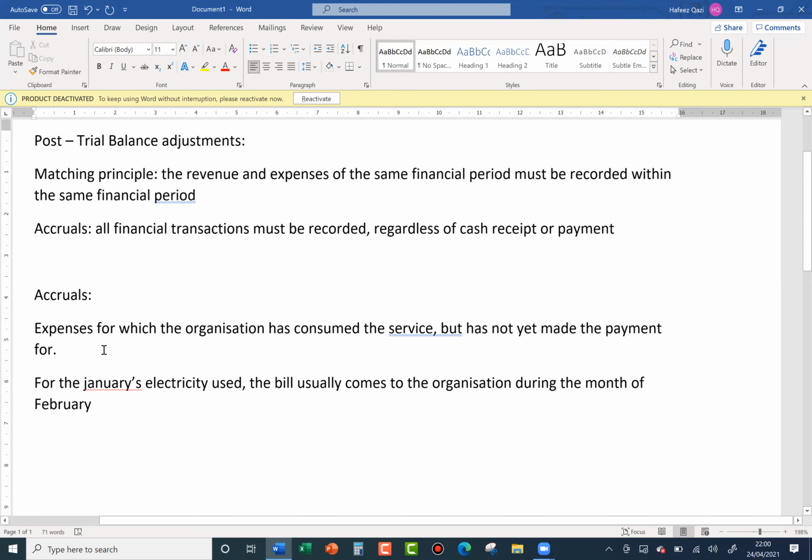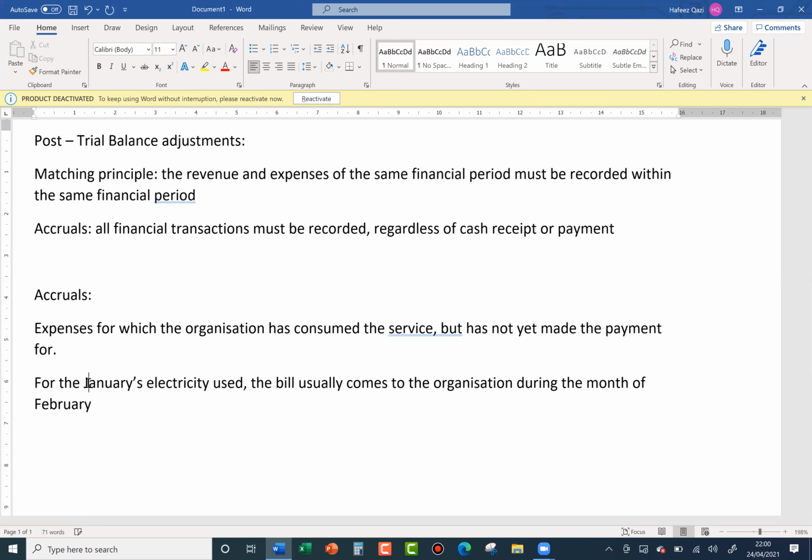Okay, the month of February. And as the bill comes in the month of February, it means it remains unpaid at the end of January, even though the electricity was used in January, but the payment will probably be made in the month of February.